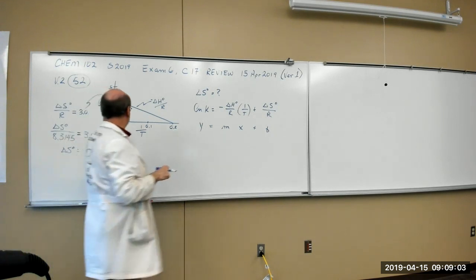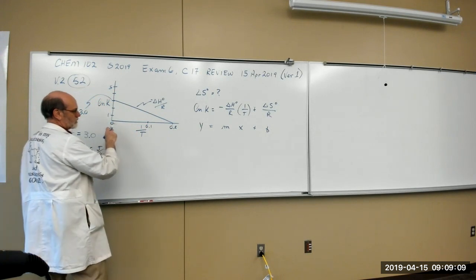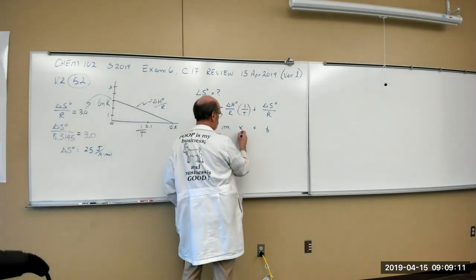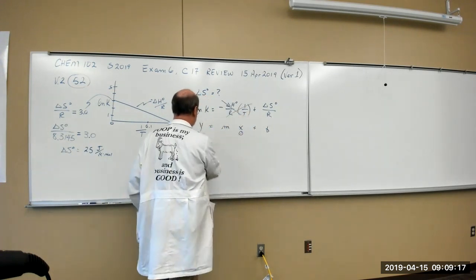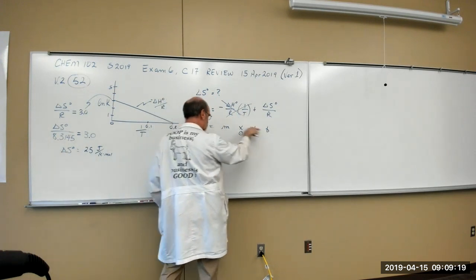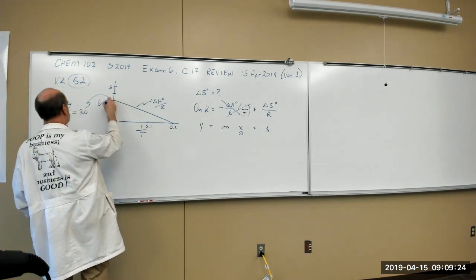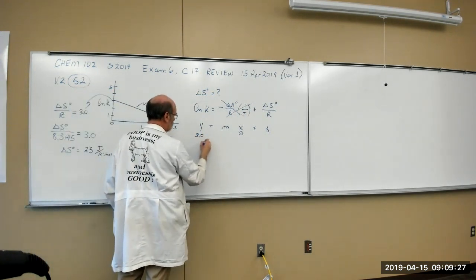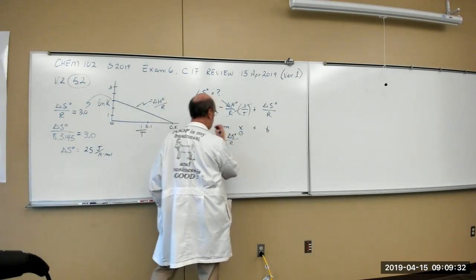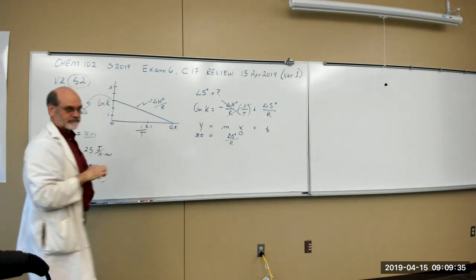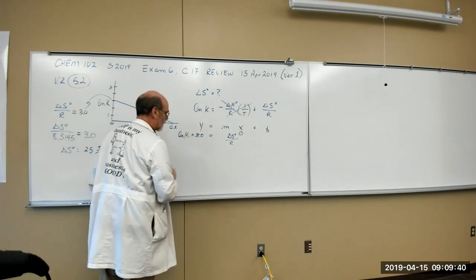The reason it's the y-intercept is x is 0. So if this one is 0, that term drops out. And this y value is equal to that value. So whatever y happens to be, in this case 3.0, is equal to what's left over here over R. Okay, and y is equal to log k.